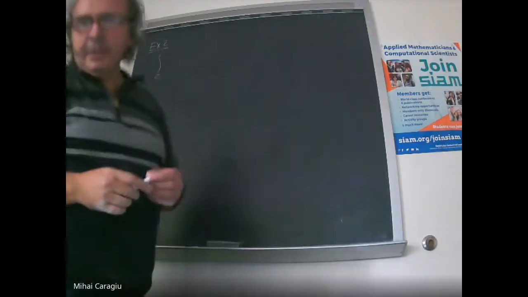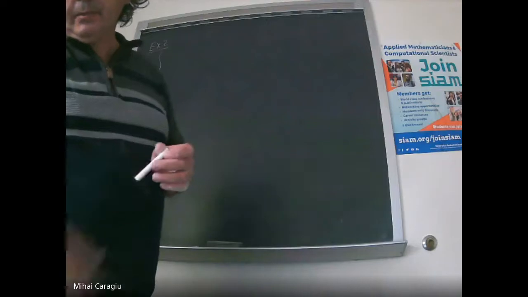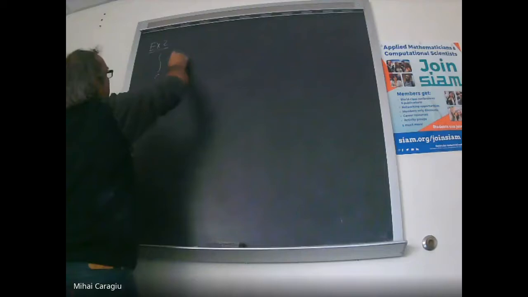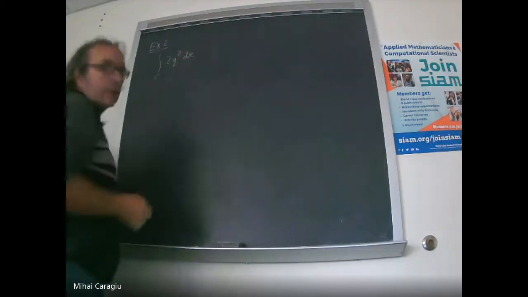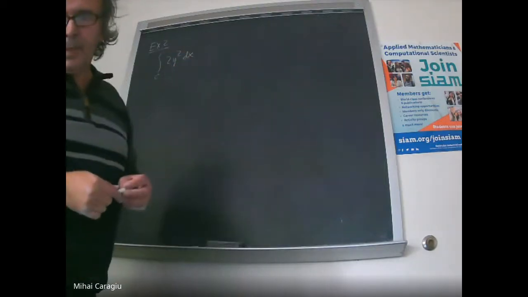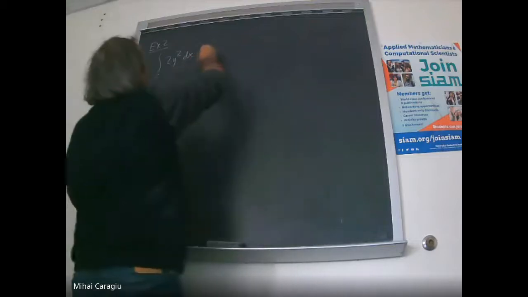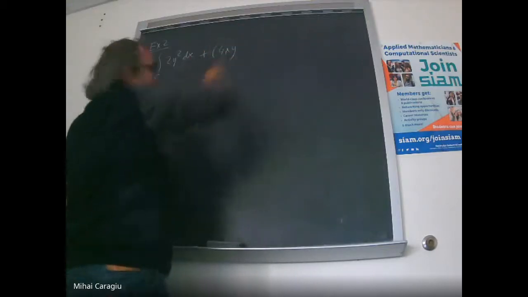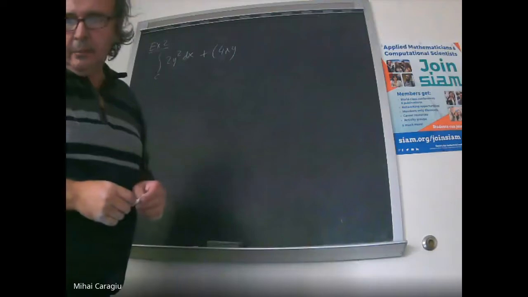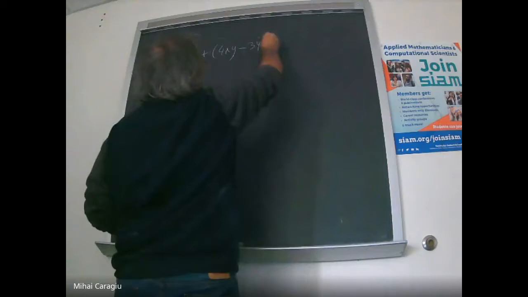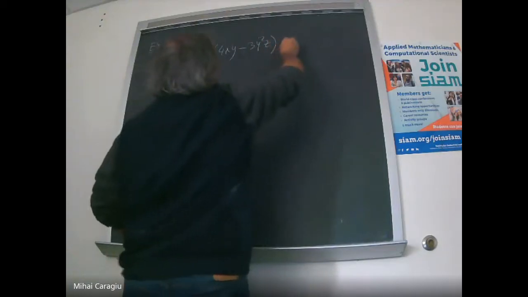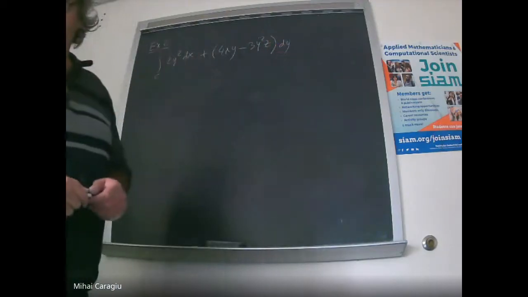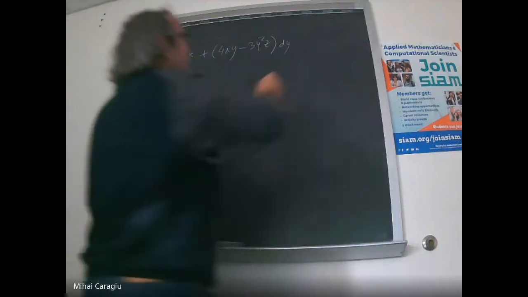Let's find the line integral over C of the following: 2y squared dx, plus 4xy minus 3y squared z dy, then minus y cubed dz.